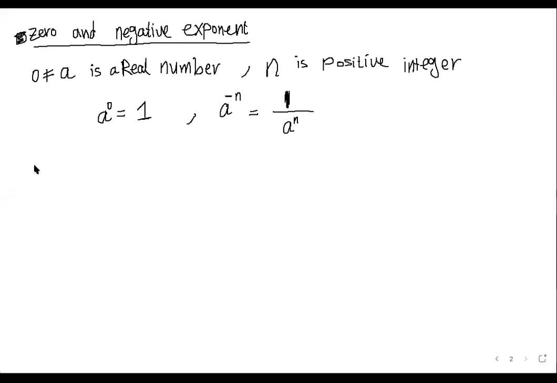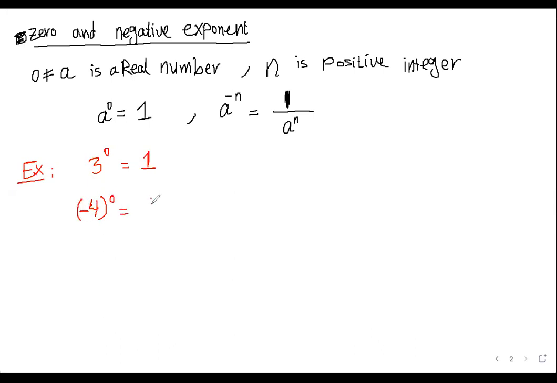For example, 3 to the power 0. What's the answer? 1, always 1. What's the answer for minus 3, or minus 4 to the power 0?